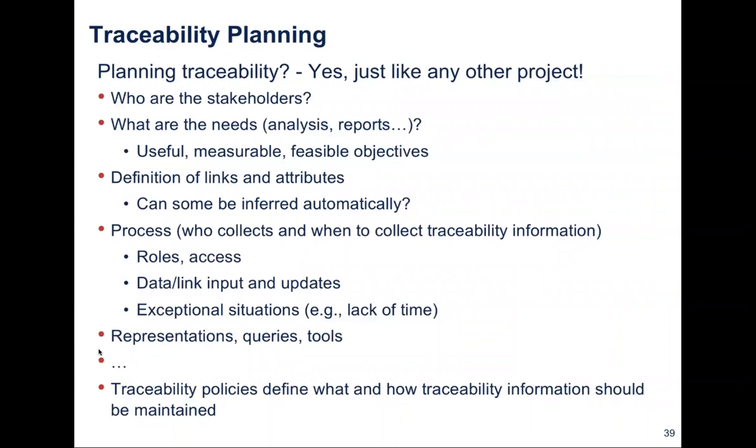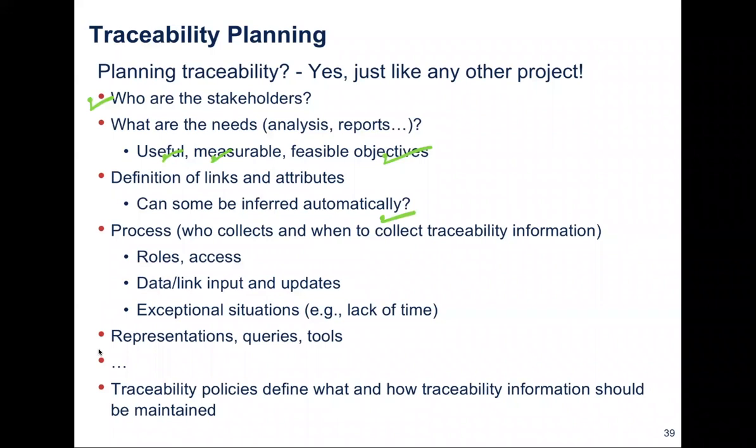You need to identify who the stakeholders are, what the needs are, especially for analysis and generated reports, and identify useful, measurable, feasible objectives. Also, you need to define links and attributes, and you should come up with a conclusion whether some of those links and attributes could actually be inferred automatically or not. That's part of the traceability planning process.